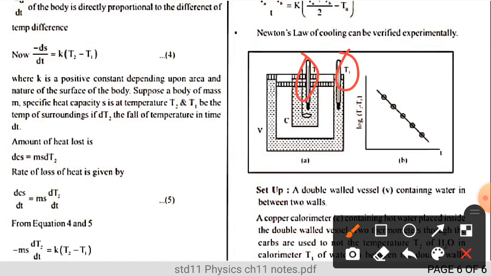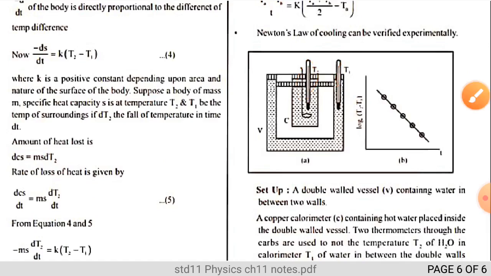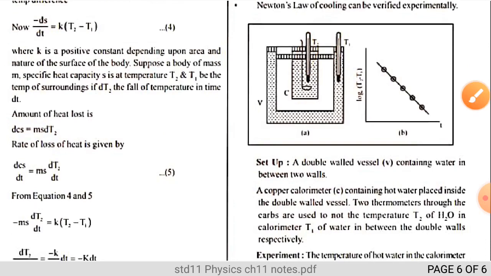Now I am giving one example. If we have boiled water, it is at 100 degrees Celsius. Now we keep that water in the surrounding atmosphere. What happens if we measure the temperature?